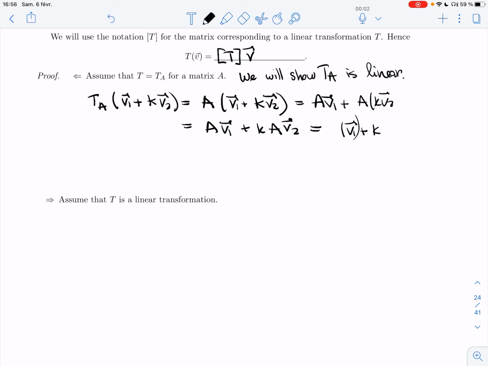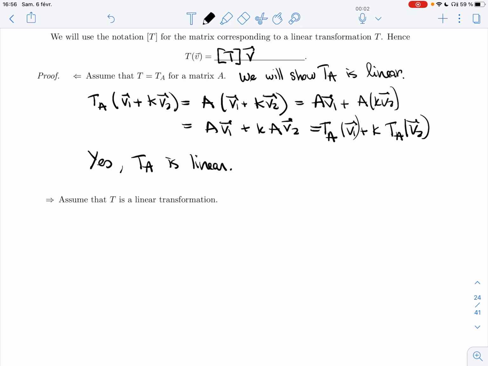That's where I wanted to put it. All right, T_A of v1 plus k T_A of v2. So yes, T_A is linear. All right, so we have a linear transformation. Whatever matrix you start with, you have a linear transformation.